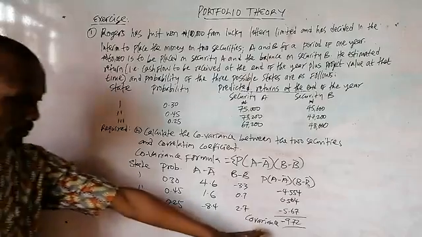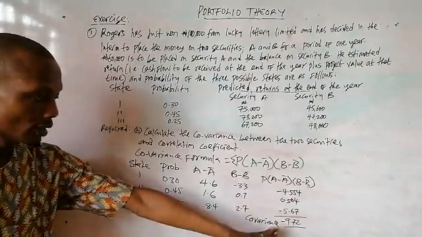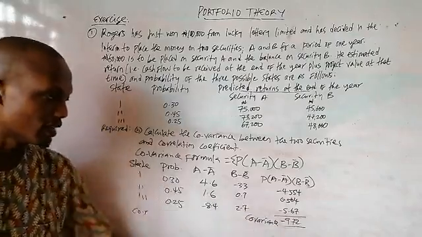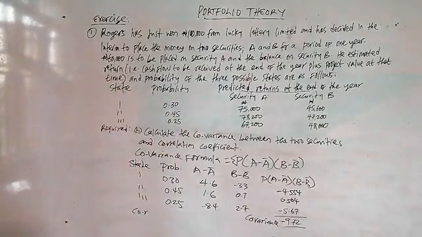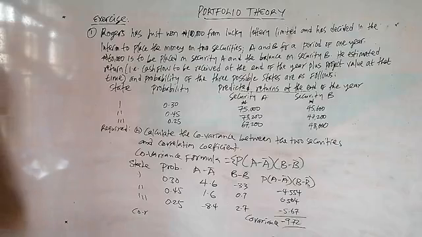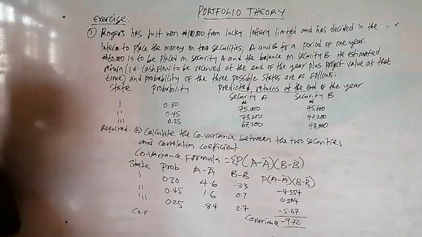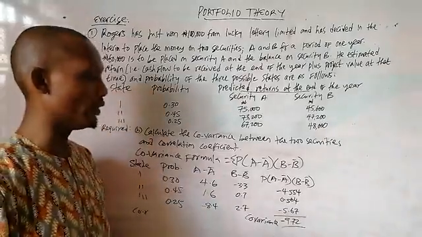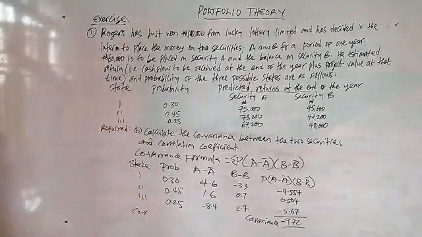So you can see now, we have a negative covariance. It means there's negative correlation between these two securities. That is, they are not moving in the same direction.